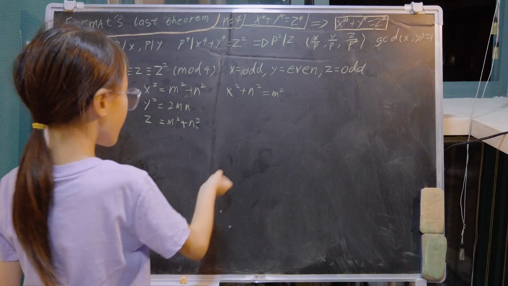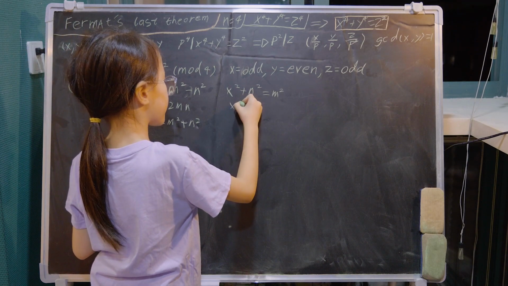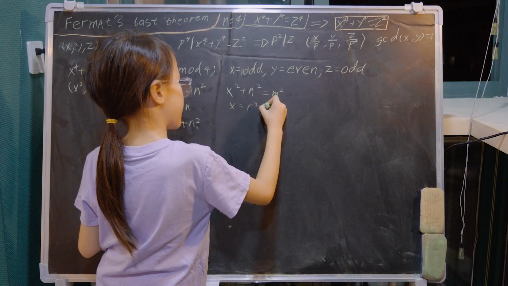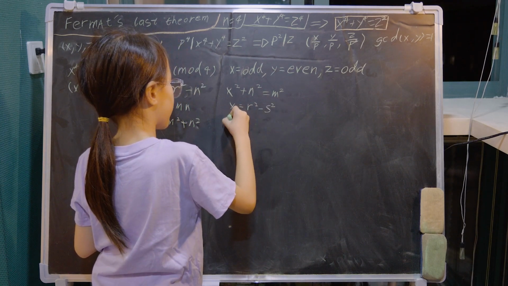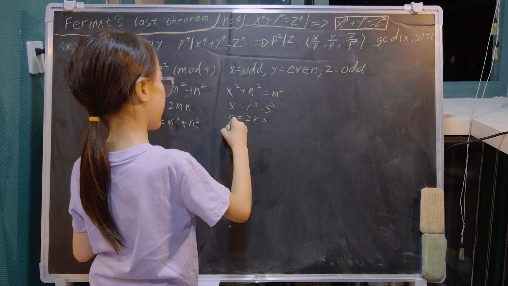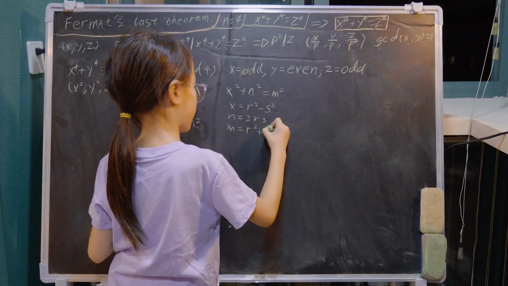So that's another primitive Pythagorean triple. So let's write out x is equal to r squared minus s squared, n is equal to 2rs, and m is equal to r squared plus s squared.